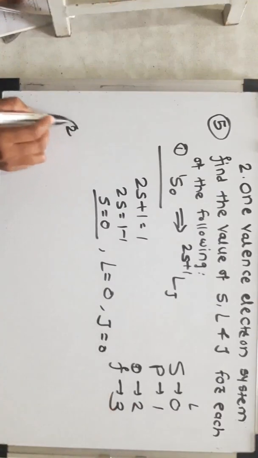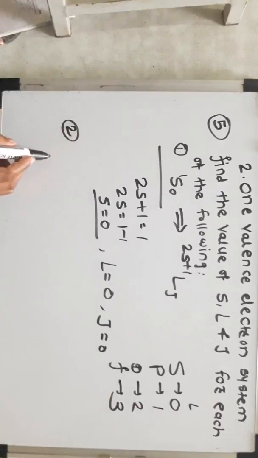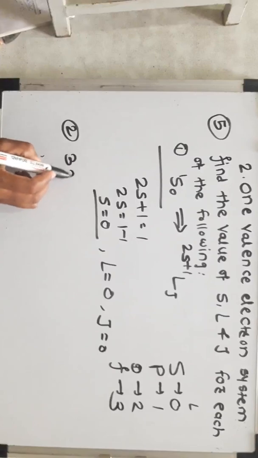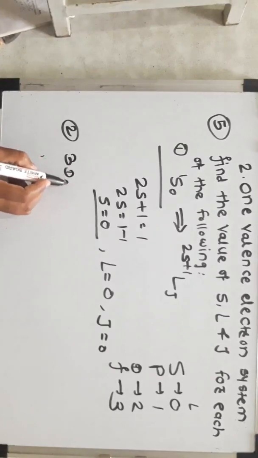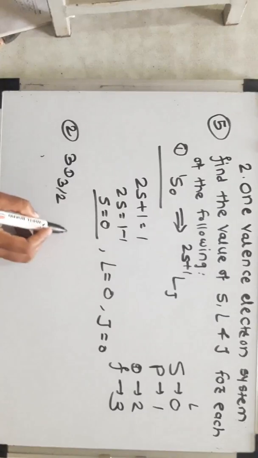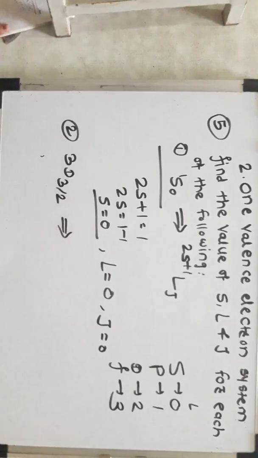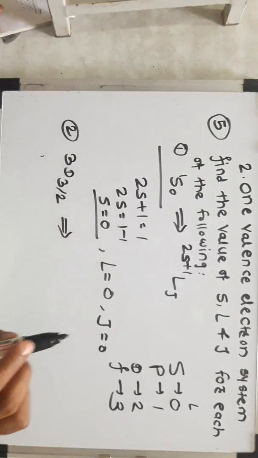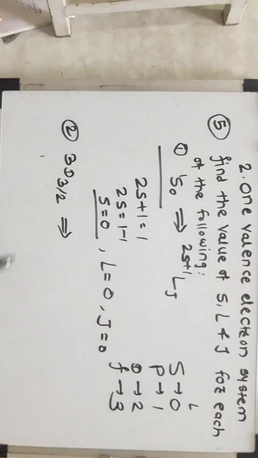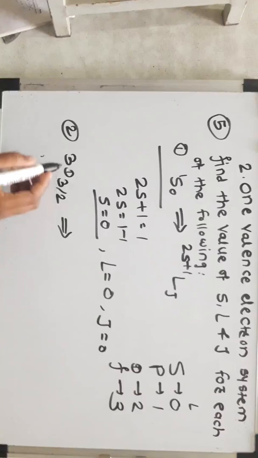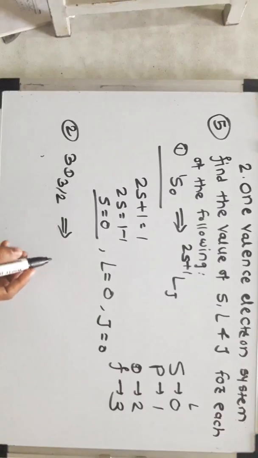The next problem is for a 3D 3 by 2 state. You have to find out the value of S, L and J. I have not taken some more problems, you can do them in homework because this is too simple.